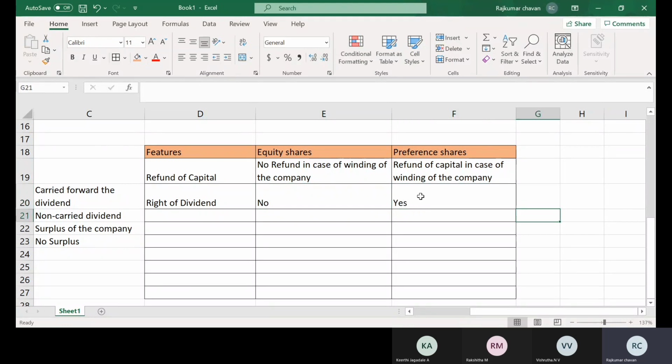Equity share, yes. Next, what is the rate of dividend in equity share, fixed or fluctuating? Fluctuating, sir. Fluctuating means there is no fixed rate of dividend, correct?